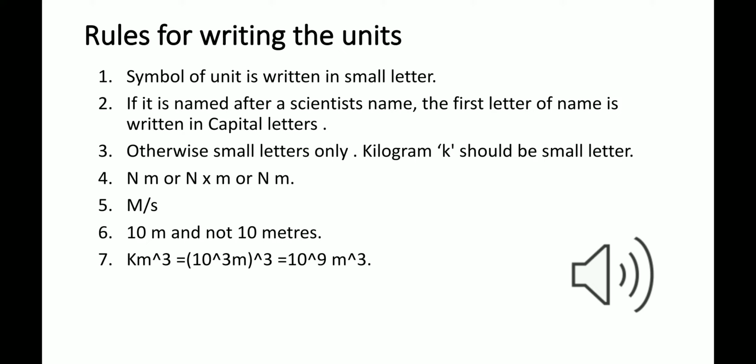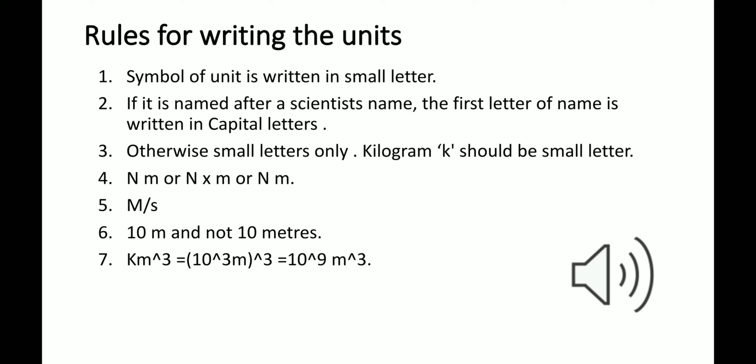Then, if there is a compound unit, that means two units mixed, the compound unit formed by the multiplication of two or more units is written by putting a dot, a cross, or leaving a space between the two symbols.